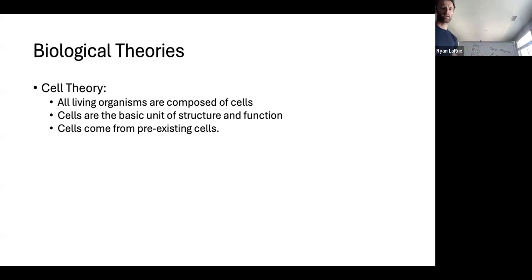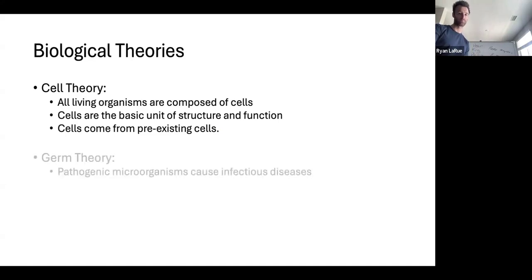They're going to be that essential unit that directly provides the mechanism of structure or function for organisms, and of course defines the structure and function. And then the last one is all cells come from pre-existing cells. That would be our third. A lot of data to support all of this, as it is a theory.